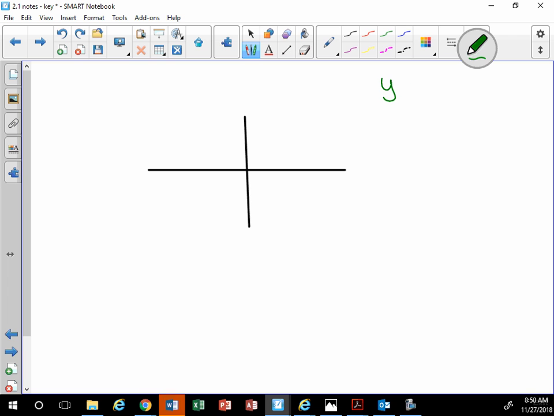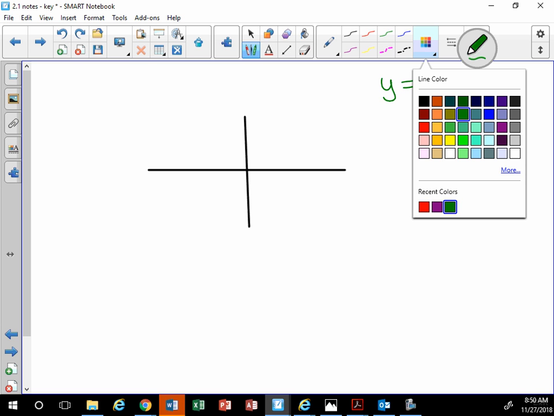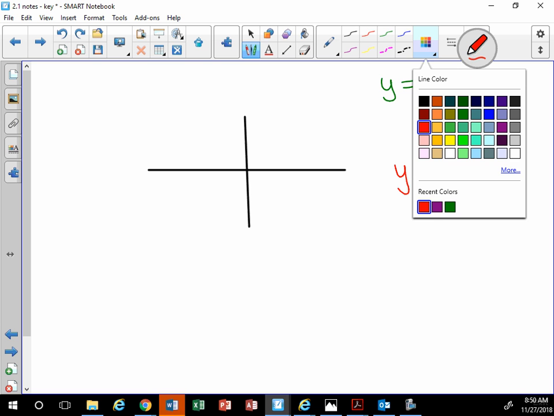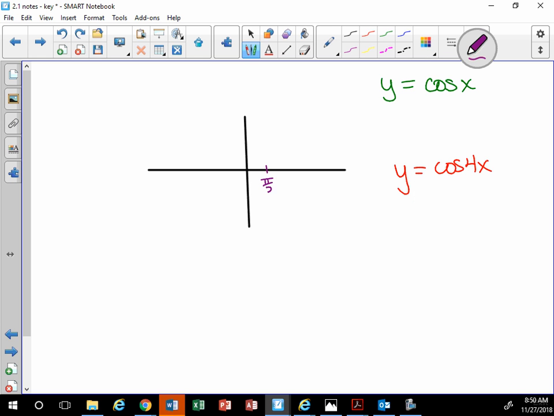All right, so I'm going to graph the regular graph here in this color, and then I'll graph the one we just did. Again, you don't have to write this down. I just want to make sure you see what is happening.